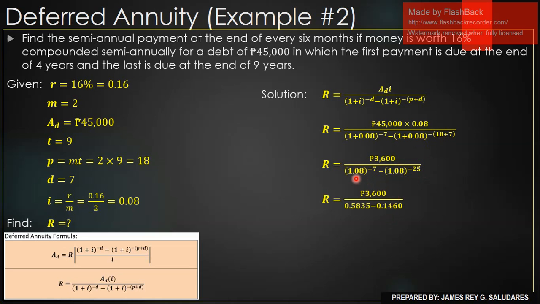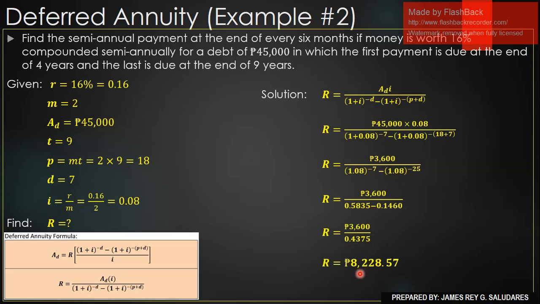For the denominator, 1.08 to the power of negative 7 is 0.5835. I use 4 decimal places, but you can also use 5 or 6 decimal places on your own. And minus 1.08 to the power of negative 25 is 0.1460. You subtract these two terms in the denominator, so you will arrive at 3,600 all over 0.4375.